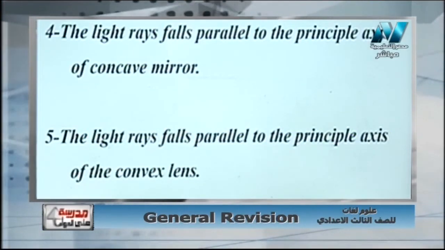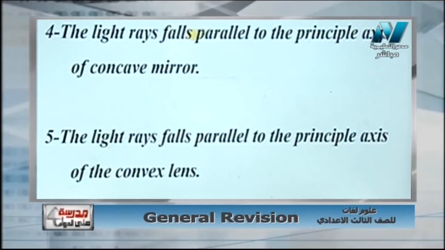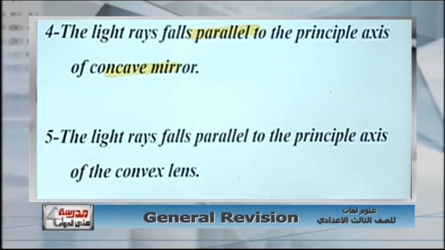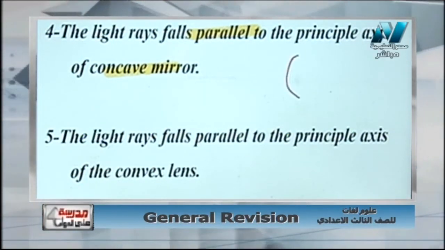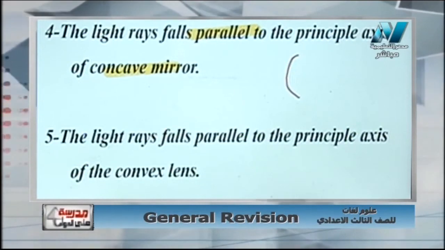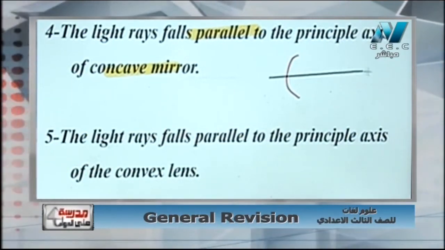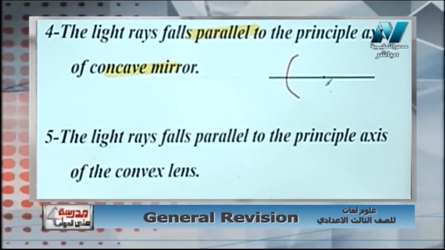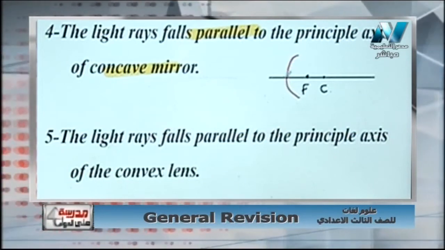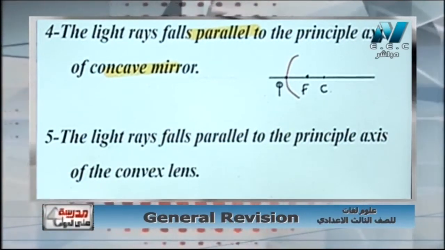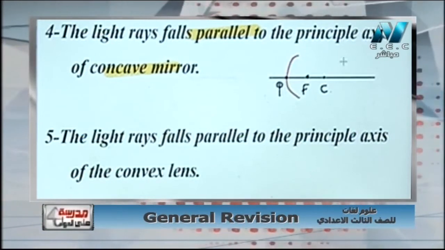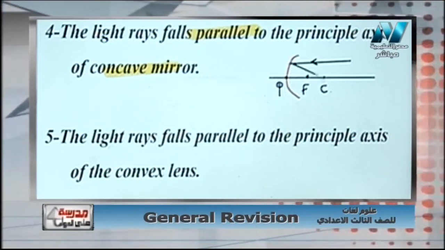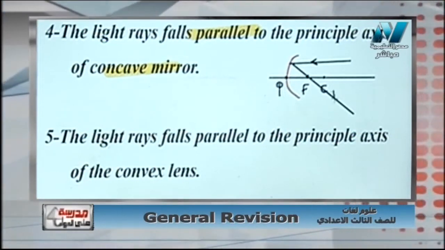Next question: the light ray falls parallel to the principal axis of a concave mirror. As we see here, we have the principal axis like that, and the light ray falls parallel to the principal axis. Here we have C, here F, and here P. In this case the light ray, drawn by ruler, will reflect through focus, the opposite of the previous question.